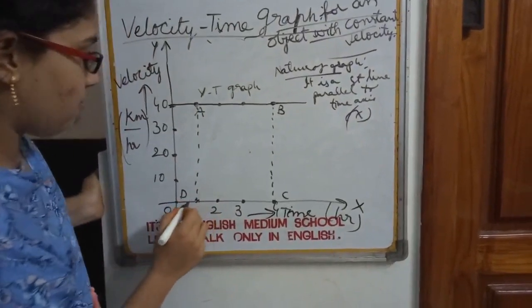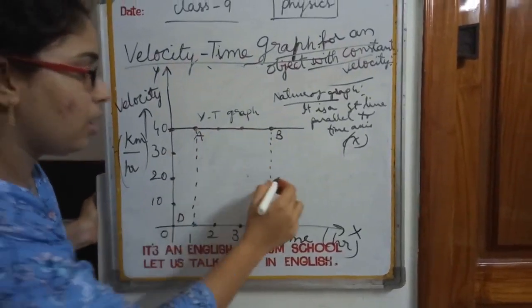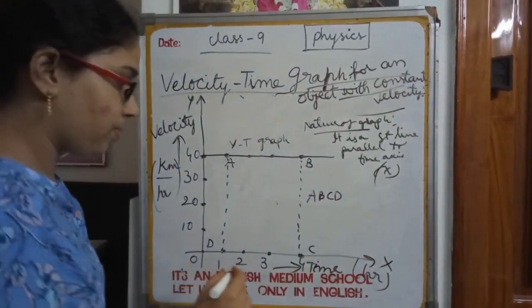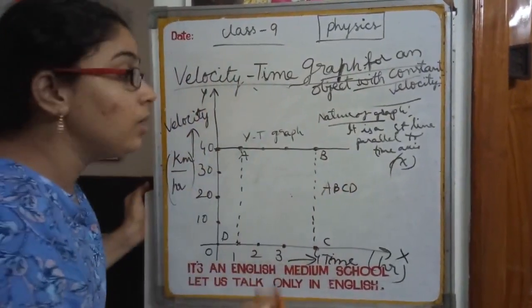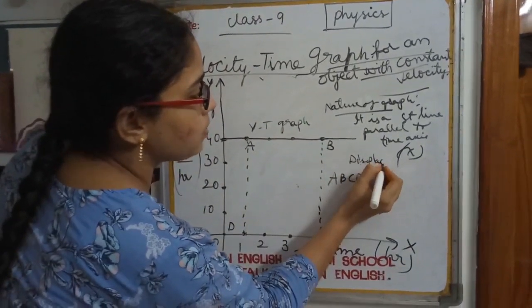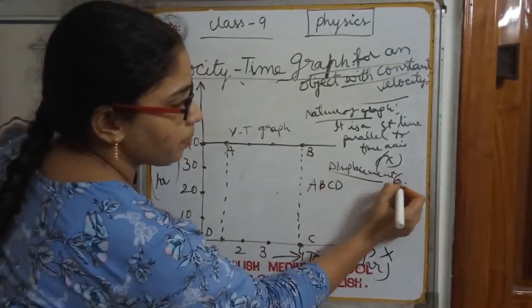Here, if you observe carefully, the required figure is ABCD. We have to find its area to get the magnitude of displacement of this object.